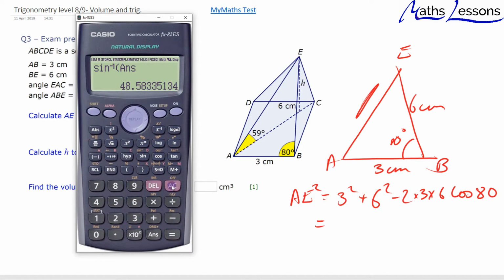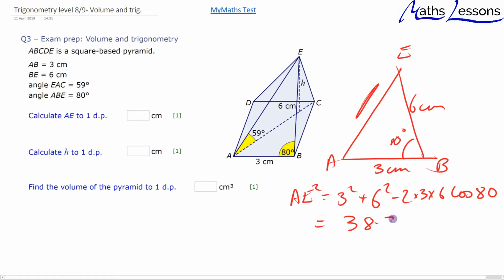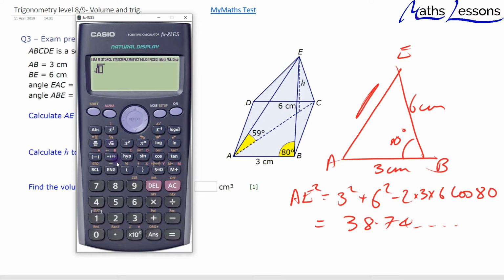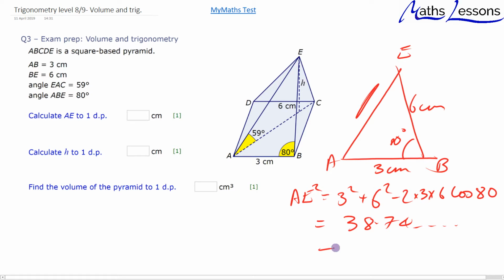So we got 3 squared, probably plus 36, minus 2 times 3 times 6 times cos of 80 equals, gives you 38.74 and so on. Okay, and then we square root the answer to get our answer for AE, so 6.22.